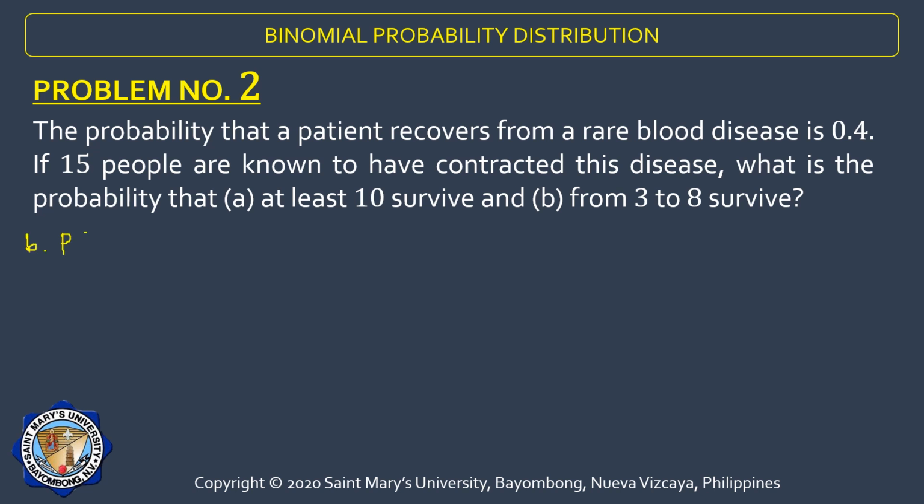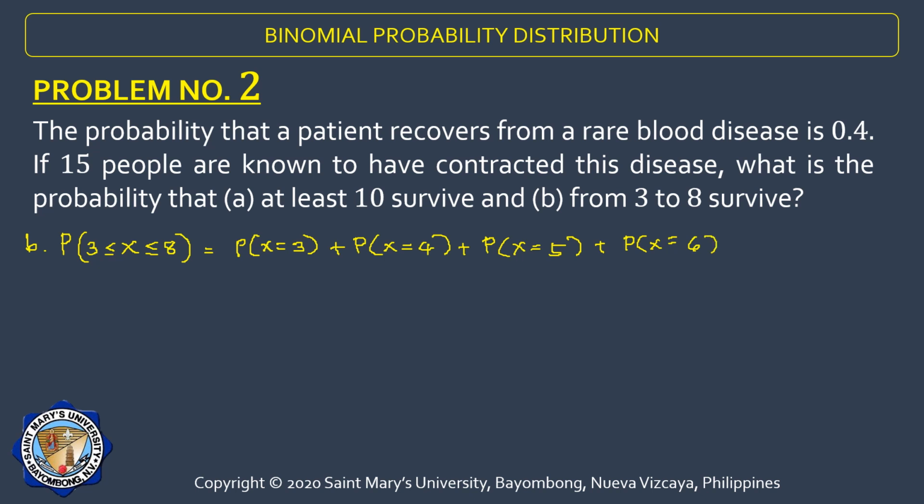It means that we have to find the probability that x is greater than or equal to 3 but less than or equal to 8, which is the same as probability of x equals 3 plus probability of x equals 4 plus probability of x equals 5 plus probability of x equals 6 plus probability of x equals 7 plus probability of x equals 8. Then using the same given, substitute lang natin.